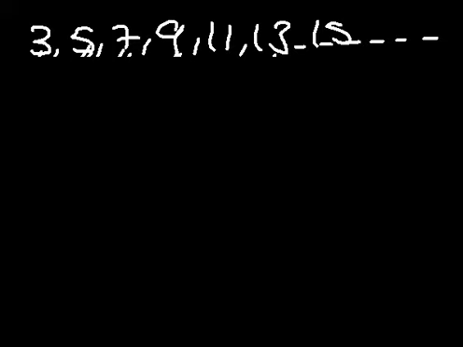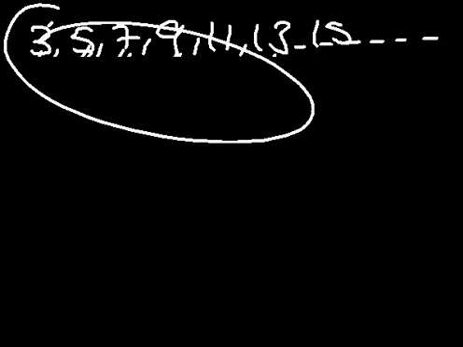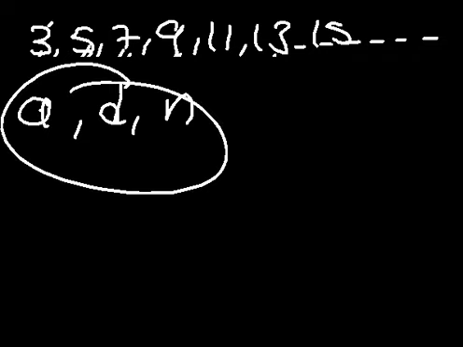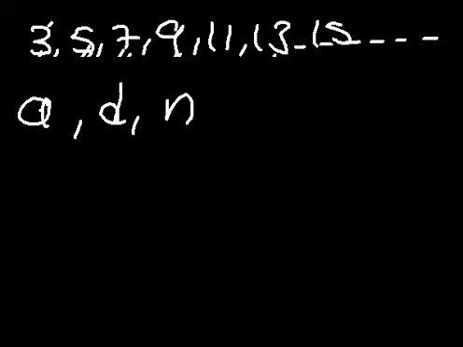So the nth term is the same as the last term. The nth term formula is the formula that helps us to get the last term for an arithmetic series. For instance, let's say we have the first term given as A, the common difference given as D, and the number of terms given as N. So what is the formula that can help us get the last term of an arithmetic progression?